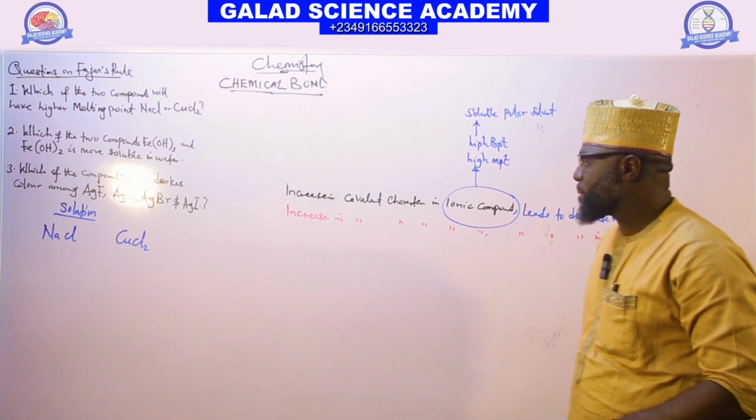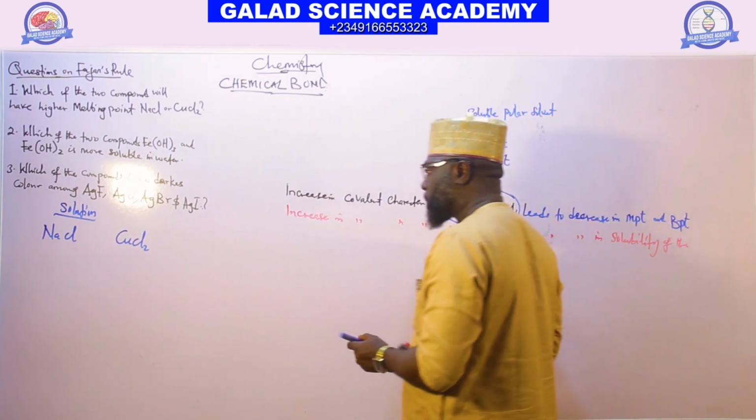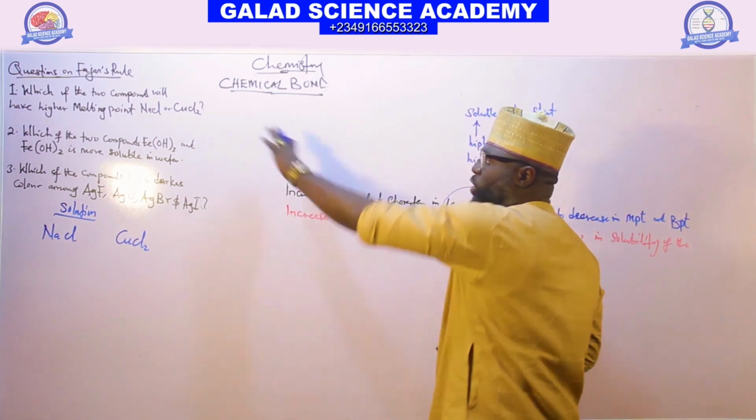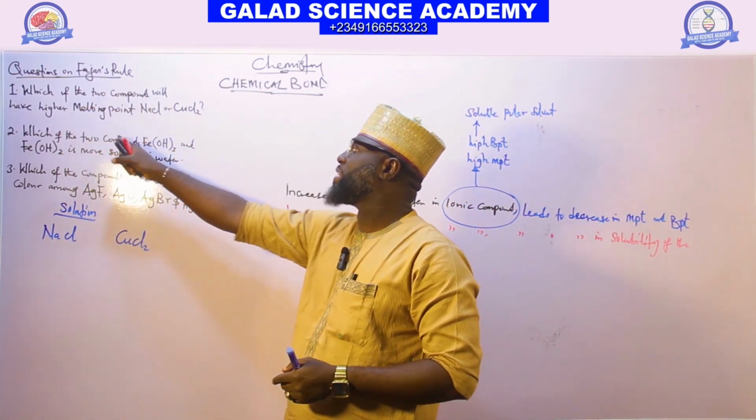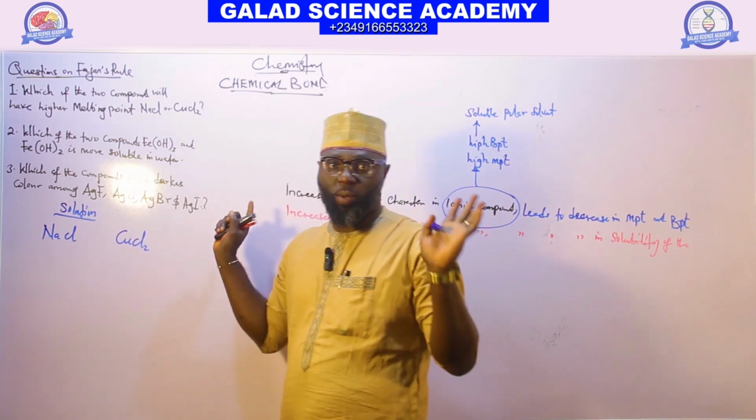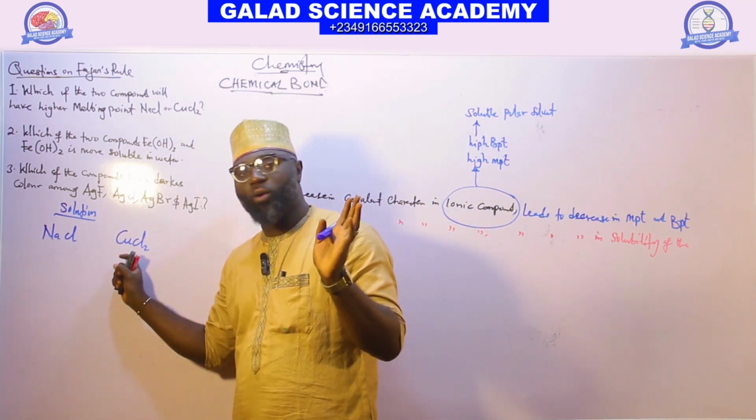And again, the third one. Let me use these to solve the first two questions now. So we have: which of the following compounds will have higher melting point? Automatically, we have sodium chloride and copper chloride.